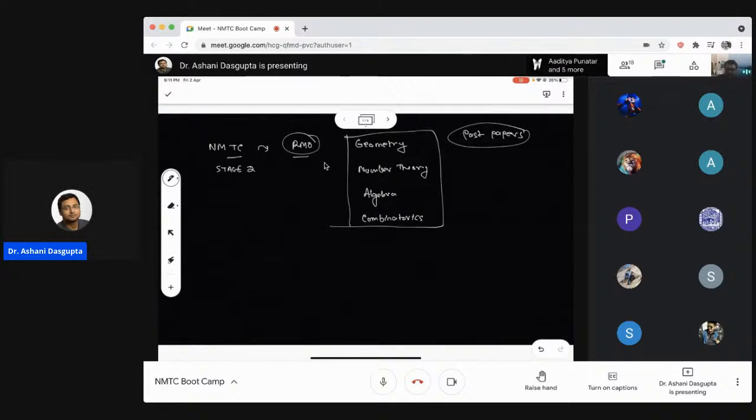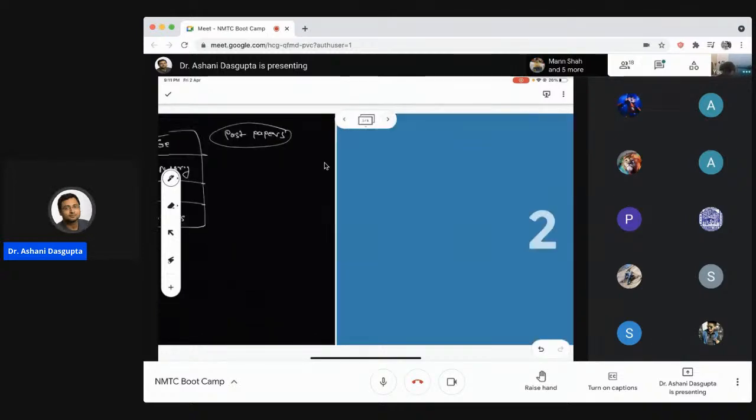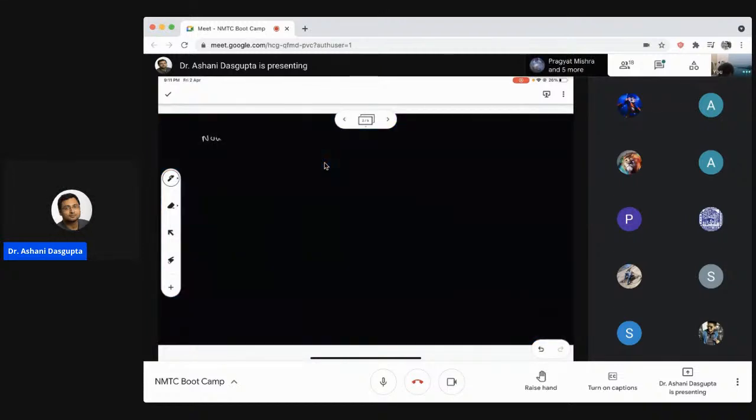Now, we'll try to go through each of these separate tools and understand how to employ them in some of the problems. That's our plan for these sessions. So we'll start with number theory, and then we can slowly go into geometry and other parts of mathematics.